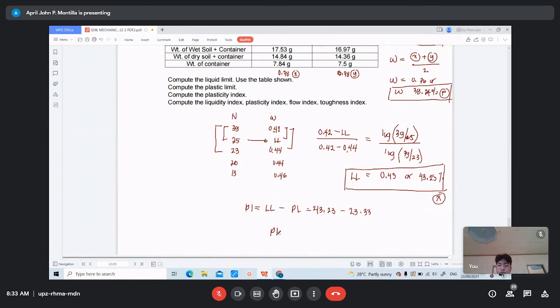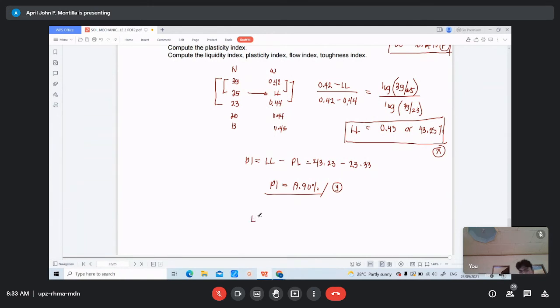What is plasticity index? 19.90. 19.90%. And then, compute the liquidity index. Store natin to kay Y. Magamit. Liquidity index, dapat alam yung equation. That is omega minus PL over PI or LL minus PL.